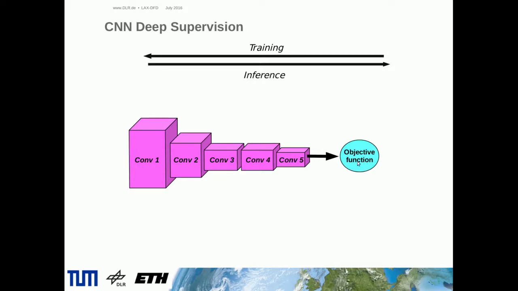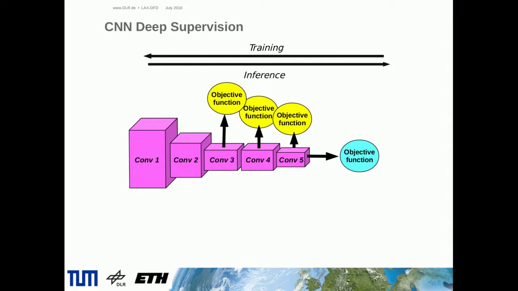The objective function is a mathematical function that measures how well we did in the prediction during training. It tells us how well or badly we did, and based on this we update all the weights sequentially on every level so that we improve on every iteration.